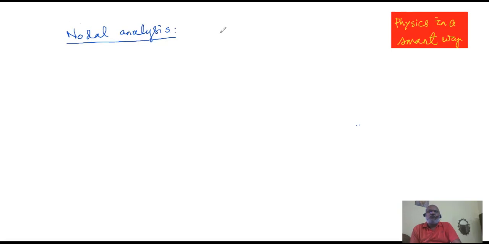Everybody knows node, we may say joint, we may say junction. They all mean the same thing, where for our purpose, so far as a 12th student is concerned, the number of conductors that meet at a point should not be less than 3.